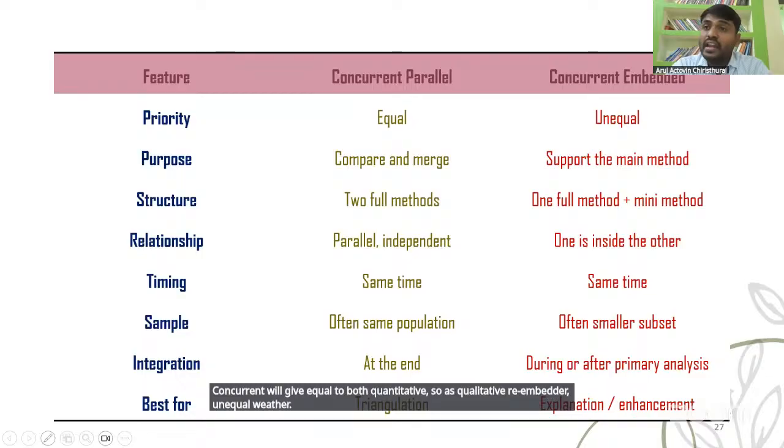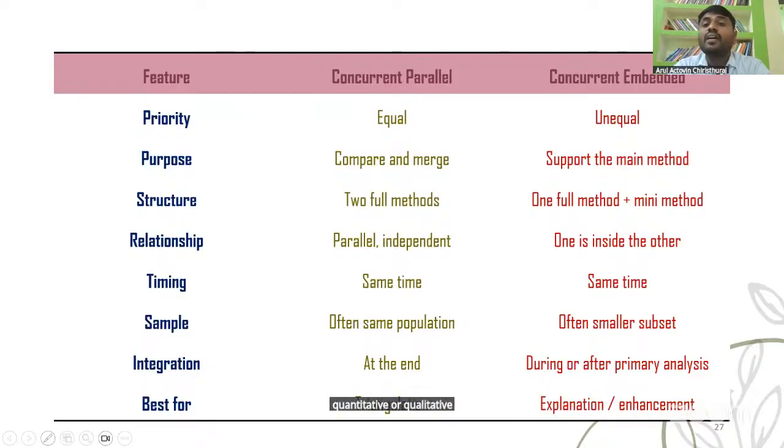Either quantitative or qualitative will be dominant, and the other will be supplementary. The purpose there is to compare or merge. But in concurrent embedded, it is to support the dominant data method, the main method, whether quantitative or qualitative, whichever we choose.